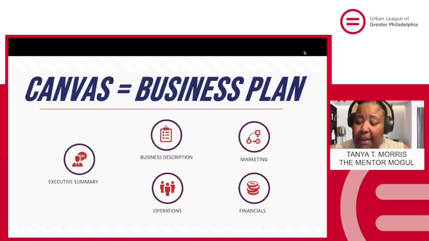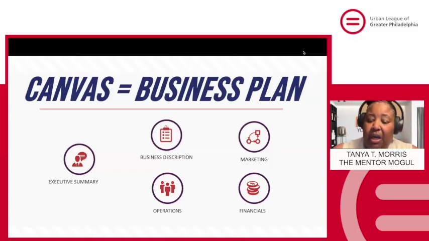There will be overlap. Marketing, we already know that's the right side of the canvas: your customer segment, your customer relationships, your channels. Operations covers key activities, key resources, the hows of how you're going to do your business, as well as your cost structure, what it is going to cost to do business. And then obviously your financials, which are the two bottom parts of the canvas, put together.